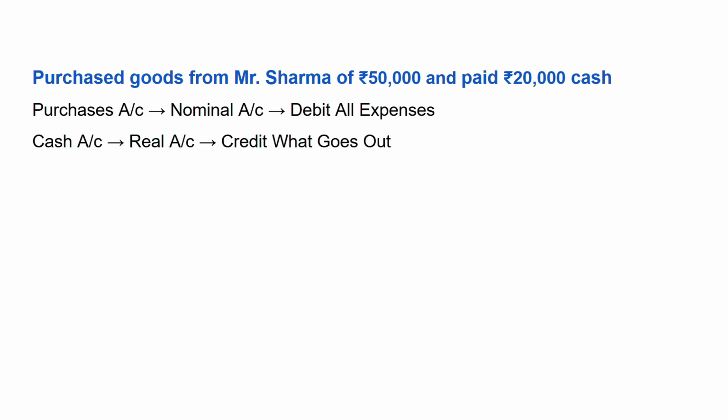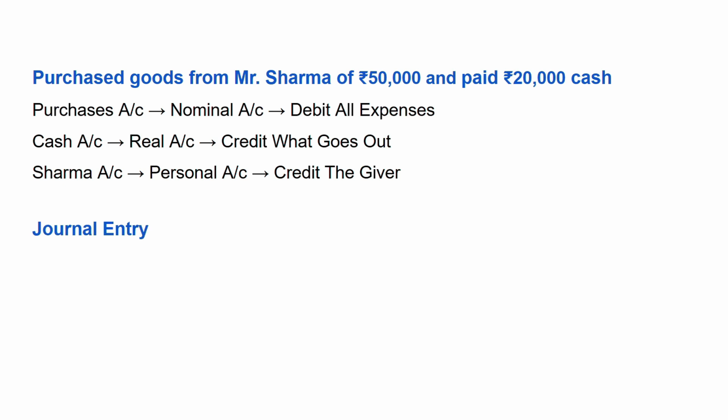And next, cash account. Cash account is a real account, and cash goes out of the business because we paid when we purchased, so credit what goes out. And next is Sharma account. Mr. Sharma is a person, so it is a personal account, and he is the giver of goods, so credit the giver.